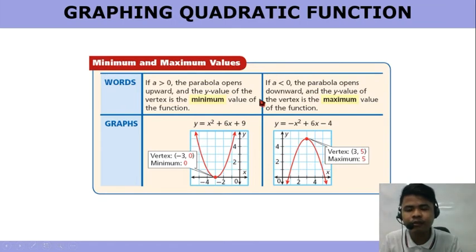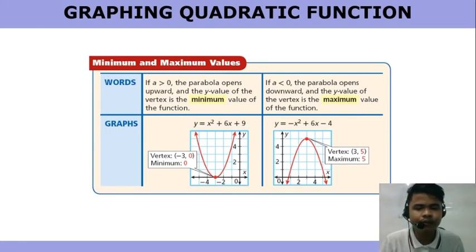Again, merong minimum value kapag ang parabola opens upward. And the minimum value is the y value. And kapag ang parabola naman opens downward, the y value of the vertex is the maximum value of the function. Okay, magkakaroon lamang ng maximum value if the parabola opens downward.